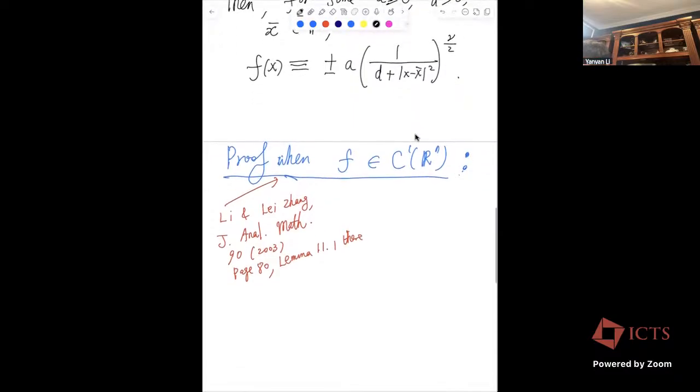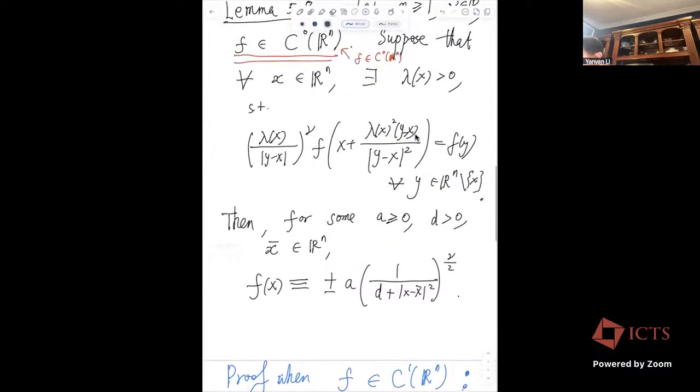So I let b be defined by the limit as y goes to infinity of y to the nu times f of y. What we do is multiply this by y to the nu.